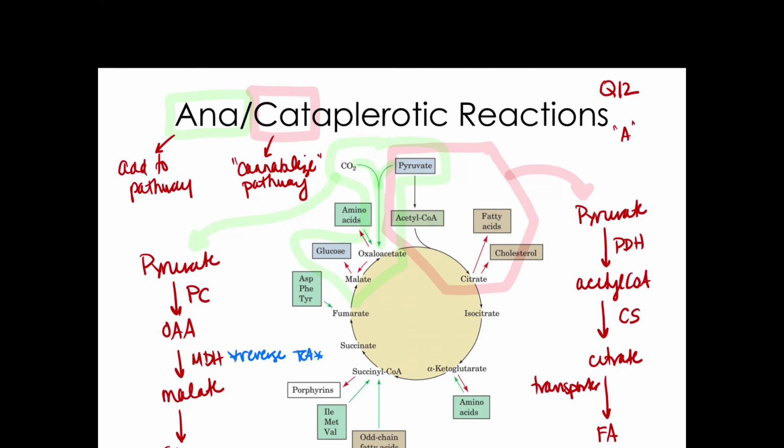So that's why we need to convert it into malate. A few steps then to get it out into the cytosol. Gluconeogenesis will convert it into pyruvate. So that is one use of not siphoning oxaloacetate off of the pathway, but really siphoning malate off by reversing the malate dehydrogenase reaction.